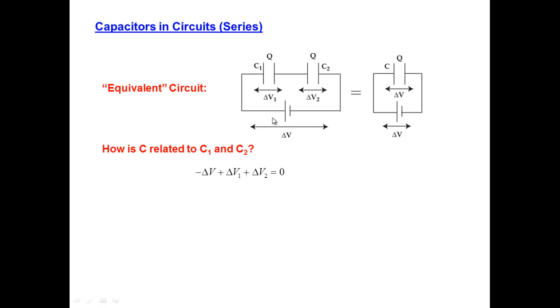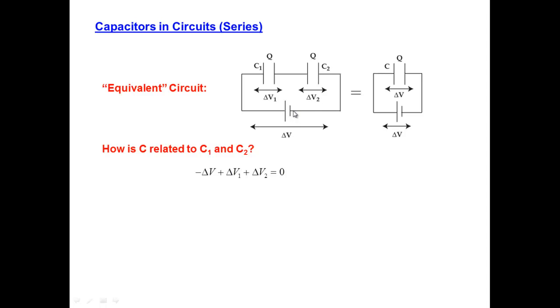So in other words, if I go around this circuit in the clockwise direction, as I cross the battery, I'm going up in potential. So there's an increase in potential, delta V. Then, as I go across the upper left-hand capacitor, I'm going down in potential, an amount delta V1, and then I'm going down in potential again, an amount delta V2, as I go across the second capacitor. And then that brings me back to where I started.